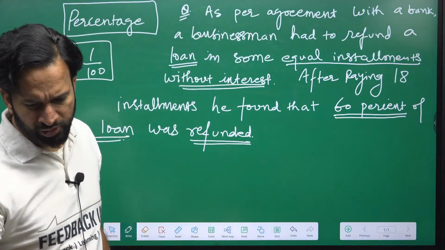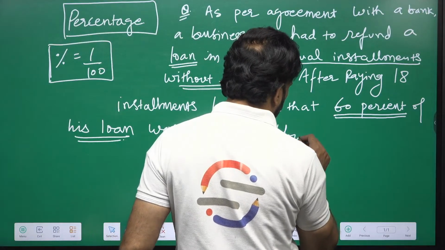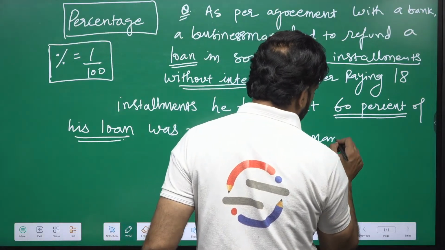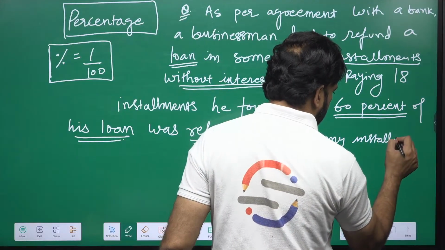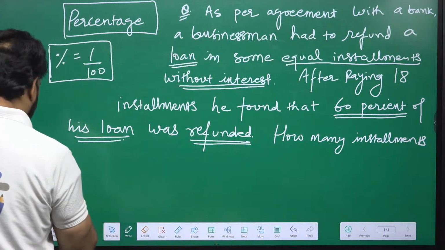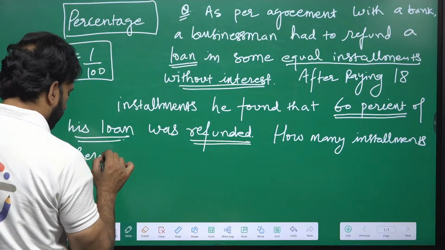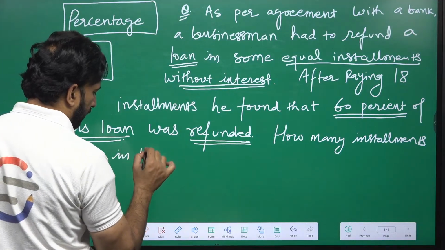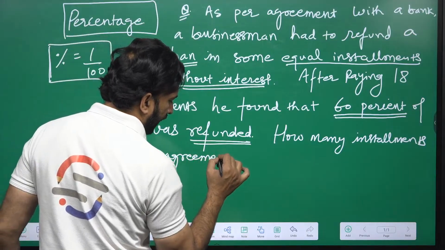How many installments were there in the agreement?